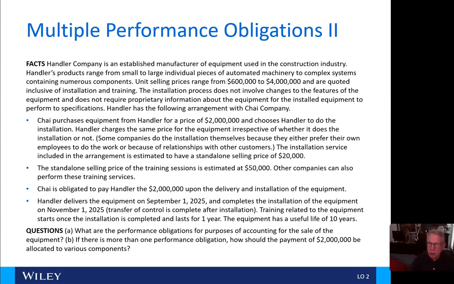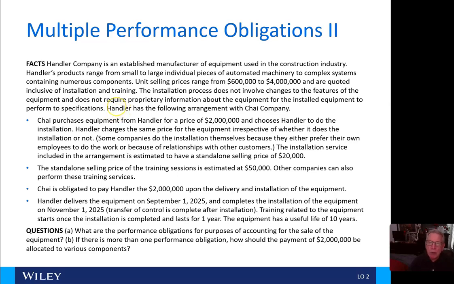Okay, in another example, Handler Company is an established manufacturer of equipment used in the construction industry. Handler's products range from small to large individual pieces of automated machinery to complex systems containing numerous components.